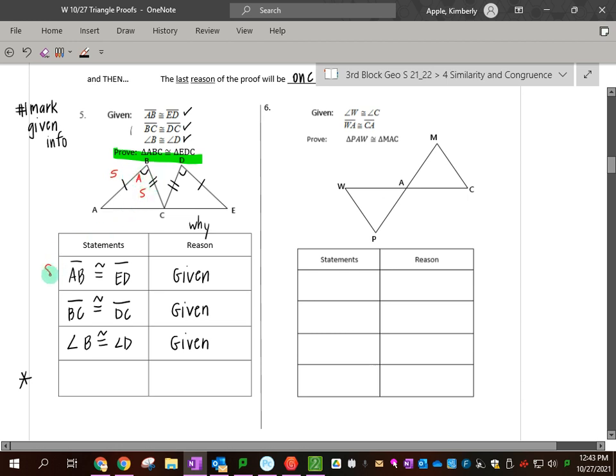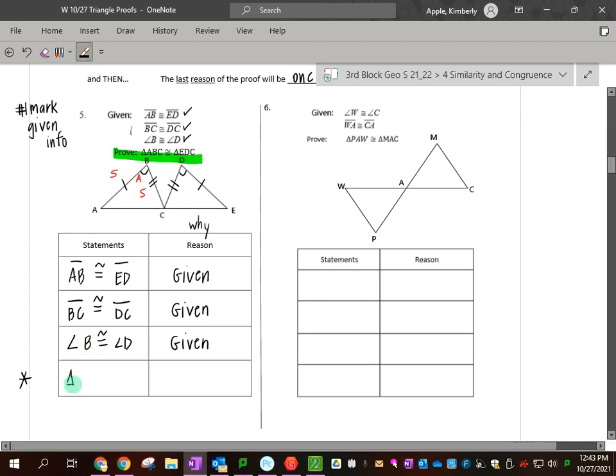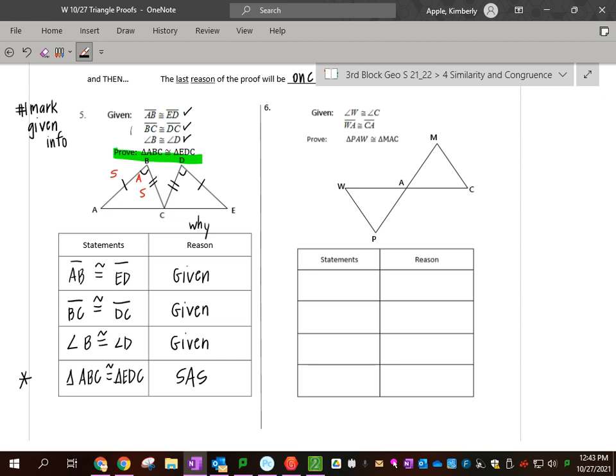This is my first side, this is my angle, and this is my side. I've got it all done, right? I've checked off everything. So now I can conclude, write my prove statement here, just copy it down. Triangle ABC congruent to triangle EDC. How do I know that? SAS. This is easy. Number one is the easiest one.